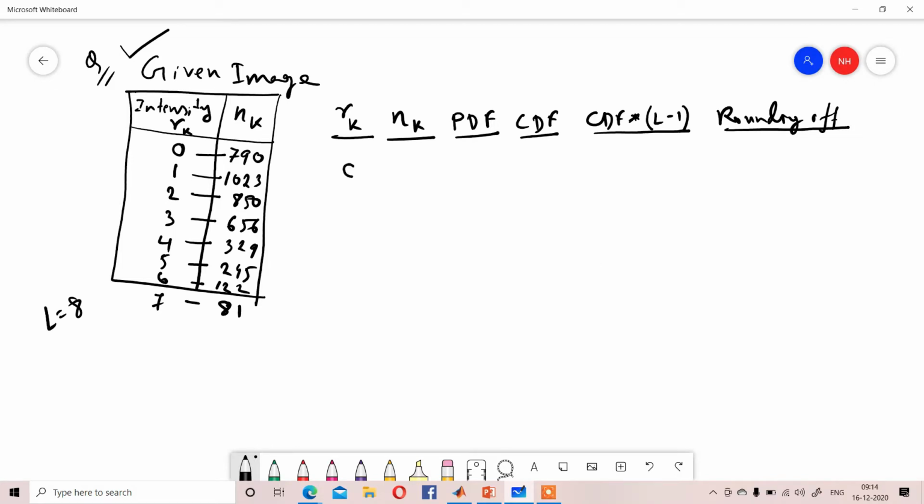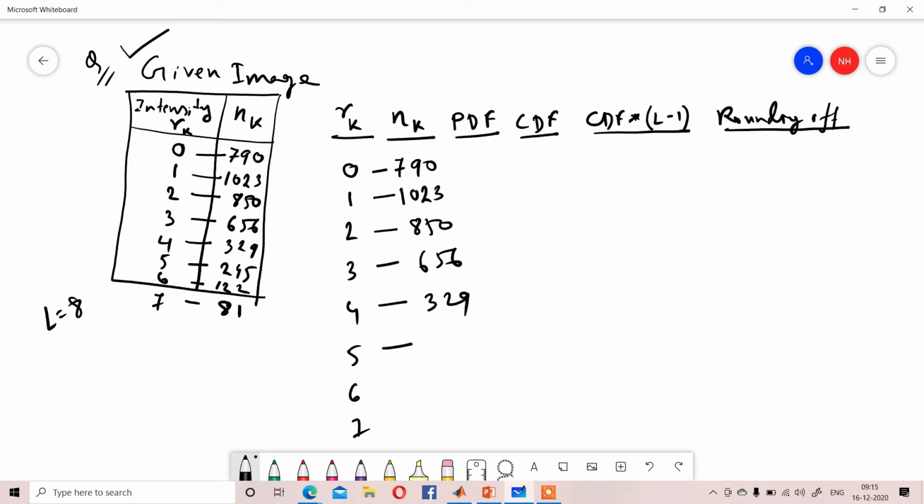So RK values are given 0, 1, 2, 3, 4, 5, 6, 7. Respectively, NK values are 790, 1023, 850, 656, 329, 245, 122, and 81.